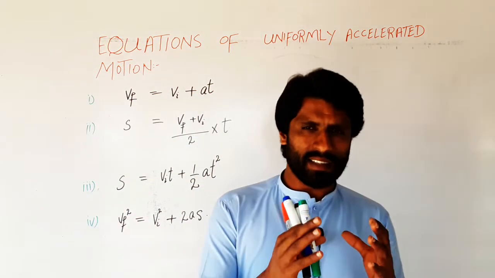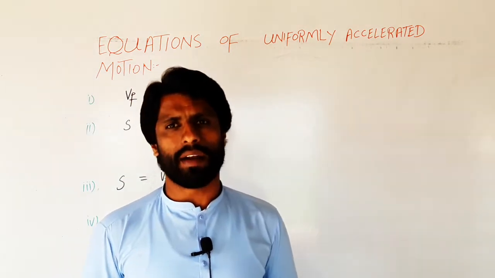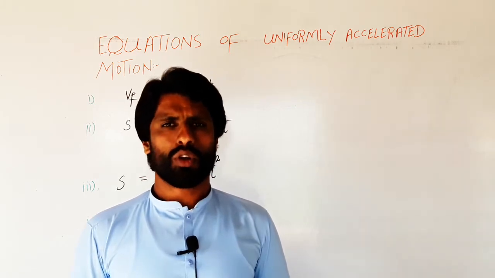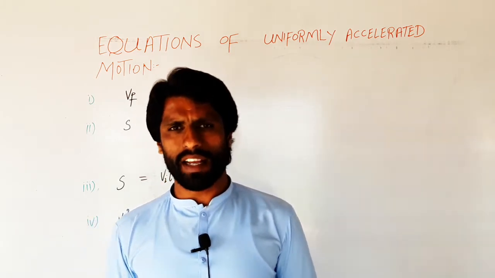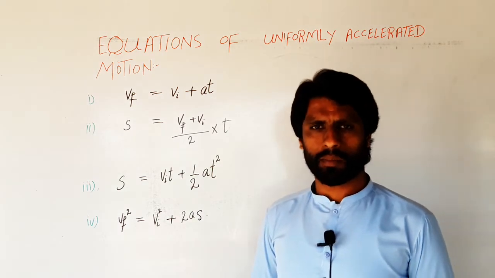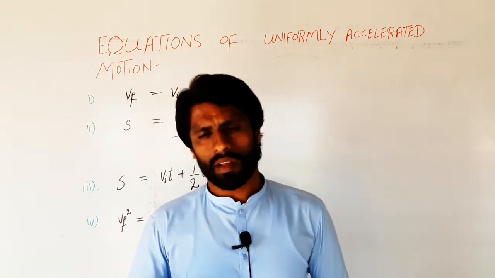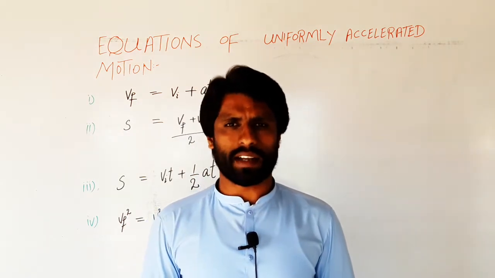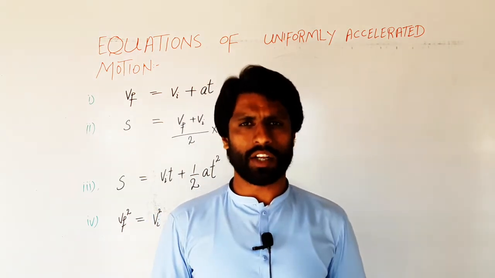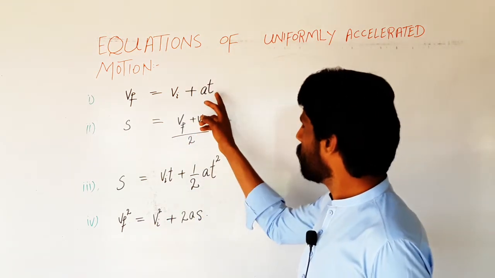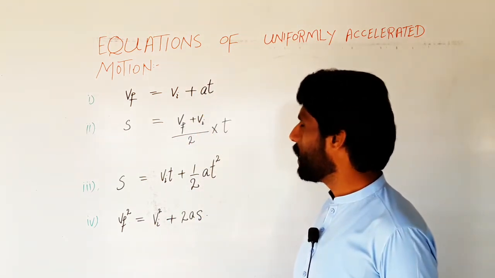And a question arises in our mind: what is the purpose of formulating these different types of equations? When we find the motion of an object with uniform acceleration, one equation is Vf is equal to Vi plus At.